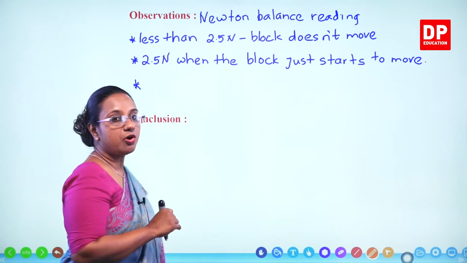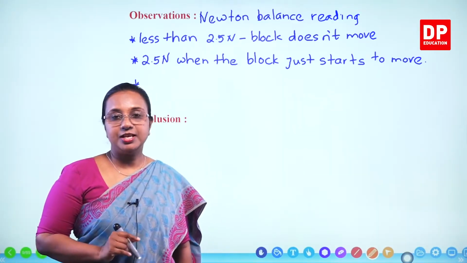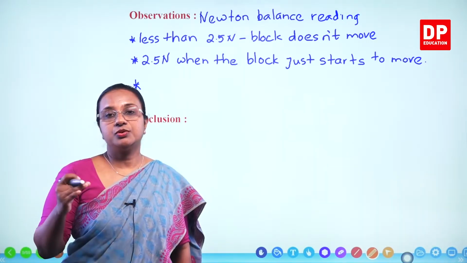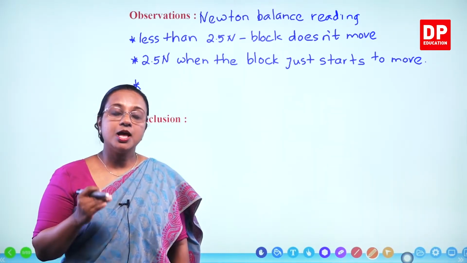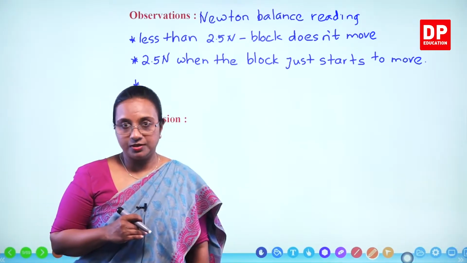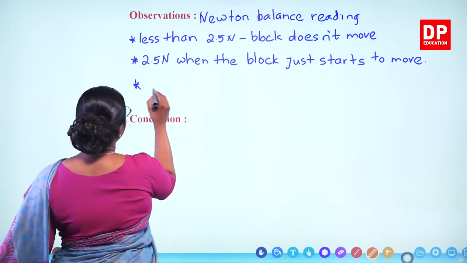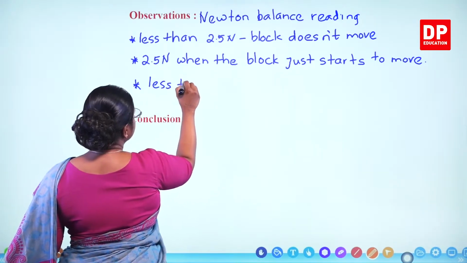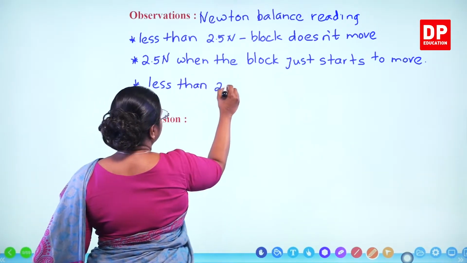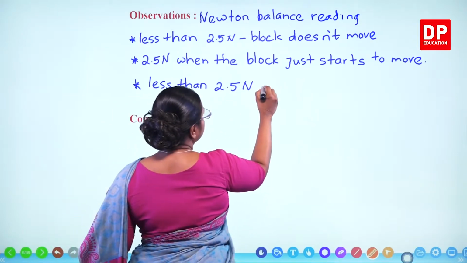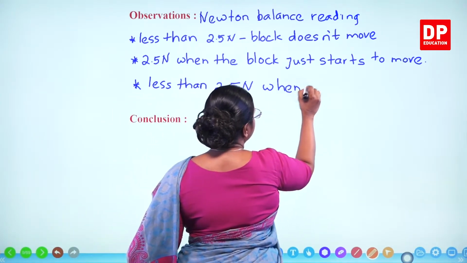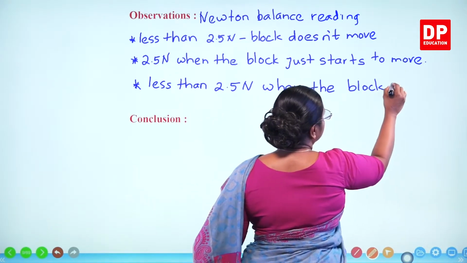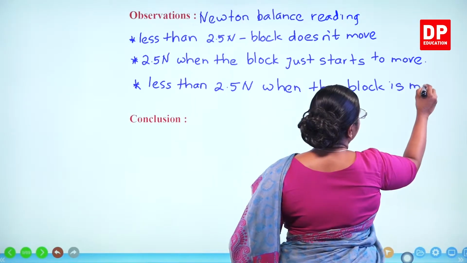Thereafter, you saw the Newton balance reading when the block was moving. That was slightly less than 2.5 Newton. So the third: slightly less than 2.5 Newton when the block is moving.